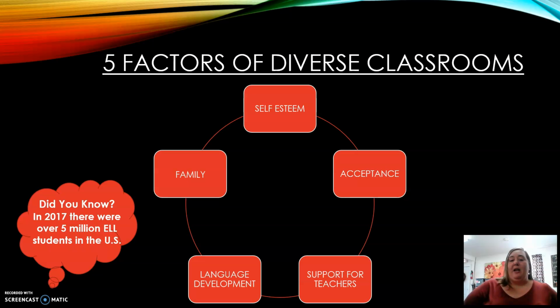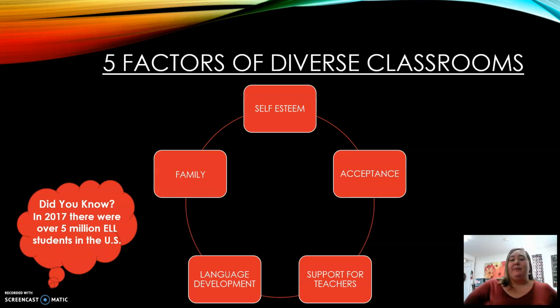Language development. Through language development, we are able to help English language learners become fluent in not only English and their native language, but possibly others. And family. It is important to build a relationship with family and ensure that they feel welcome and cared for.